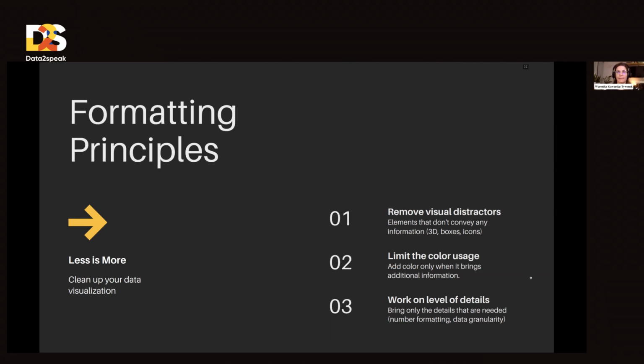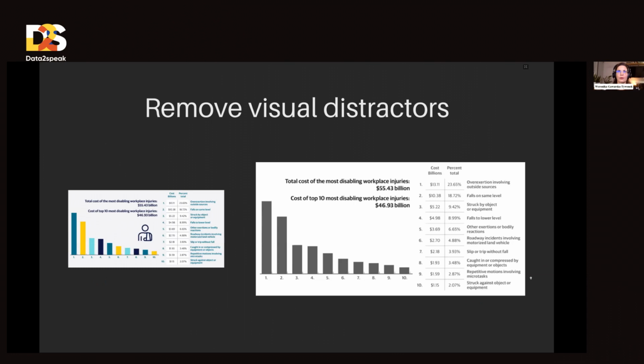So yeah, let's jump to our example. So according to what I said, first step is to just remove everything that is not needed. So I hope you can see my mouse. I just removed the icon, the color, which was not encoding anything. You can see that it's just some sequence.